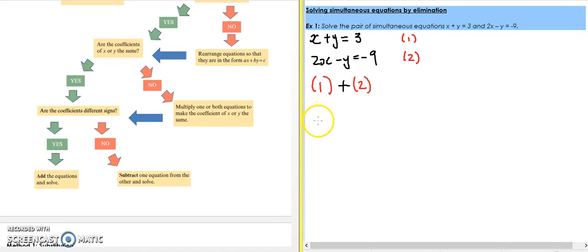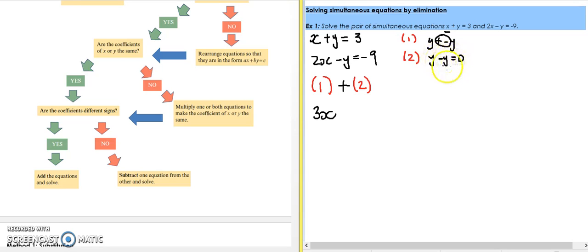So we've got 1x plus 2x, we've got 3x. Okay. This y plus a minus y, I'm going to write this on the side here, y plus minus y. This technically turns into a minus. y minus y is 0.